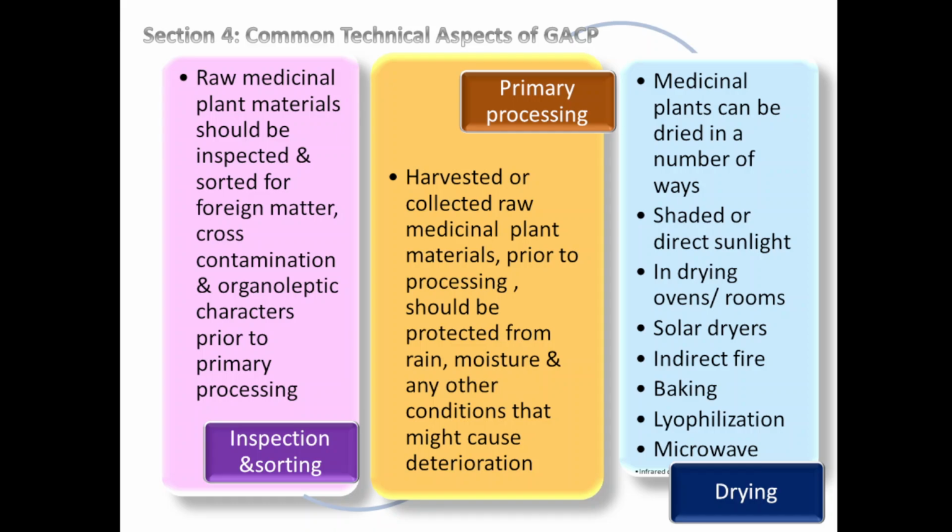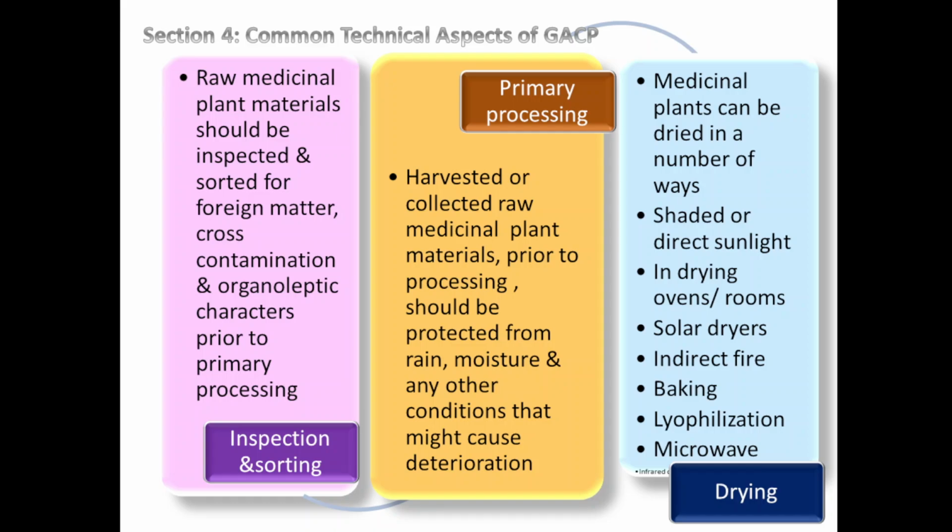Before primary processing, it should be protected from rain, moisture and other conditions which will cause its deterioration. Primary processing generally includes cleaning, garbling, washing, drying and freezing of herbal raw material.